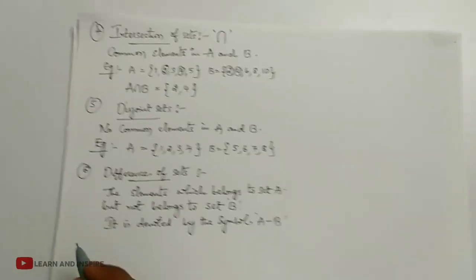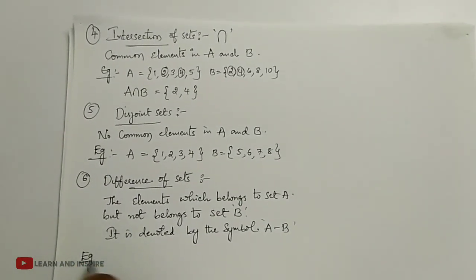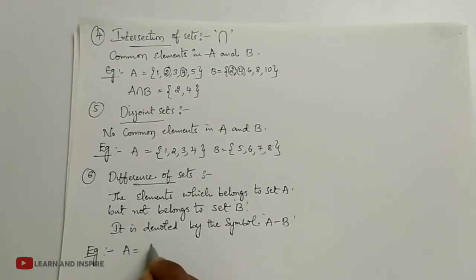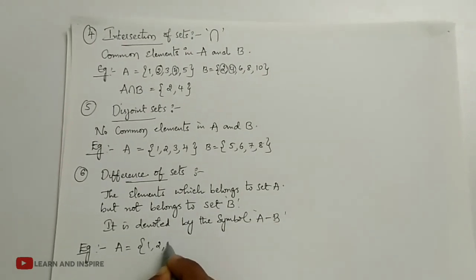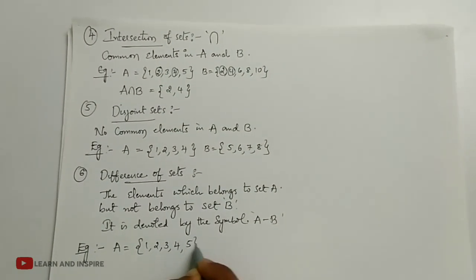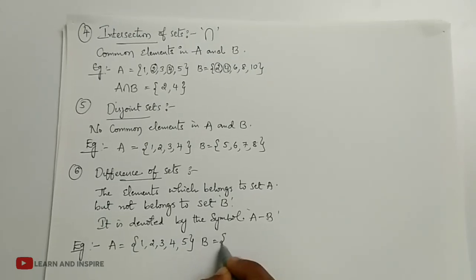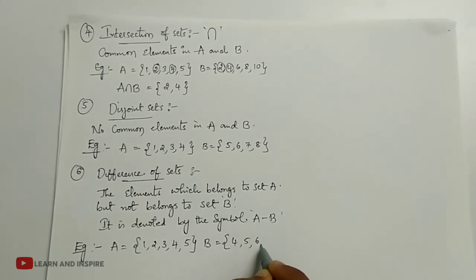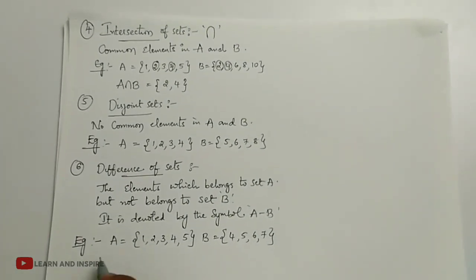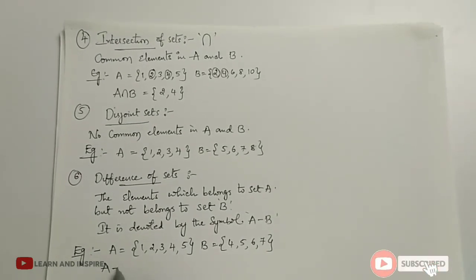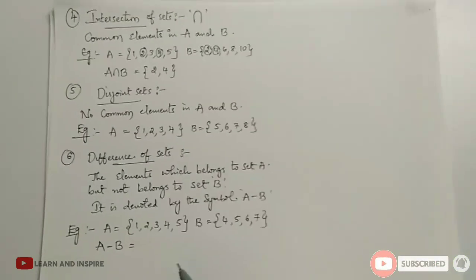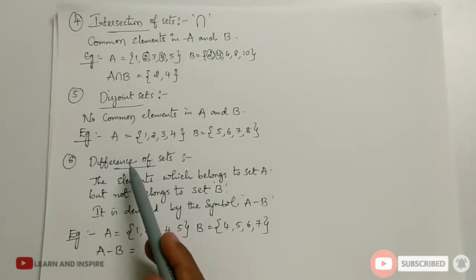So let us see one example based on this difference of sets. Set A is equal to 1 2 3 4 5. Set B is equal to 4 5 6 7. A minus B. So what is A minus B? A minus B is nothing but difference of sets.